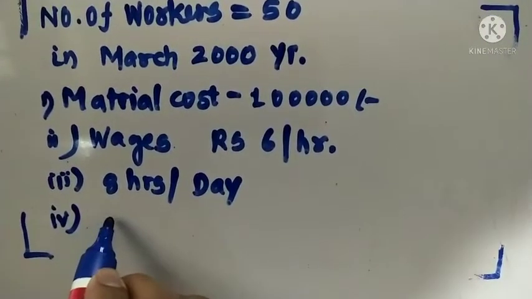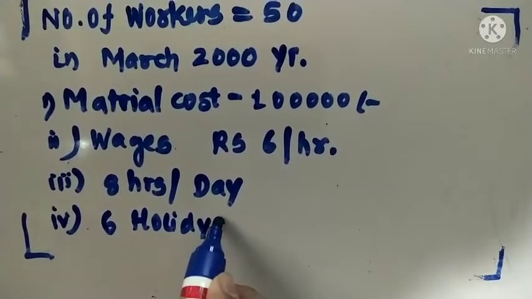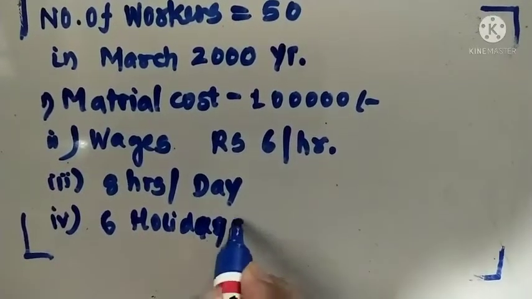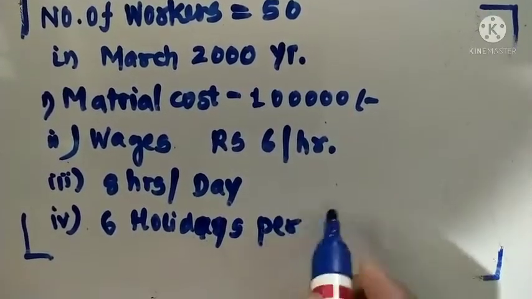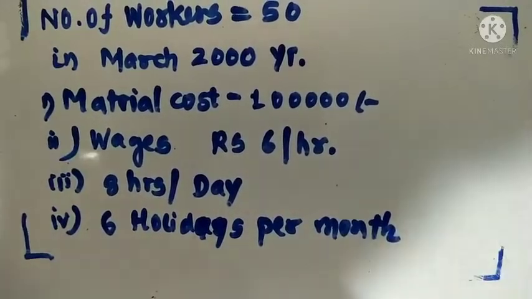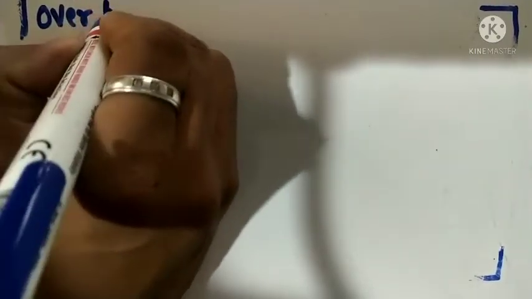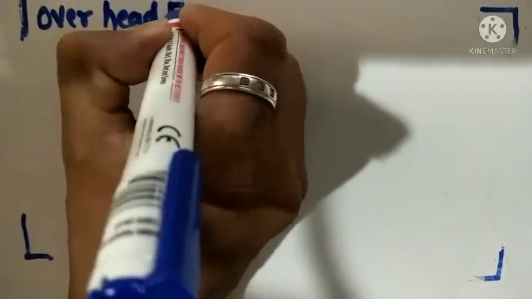And the fourth given data is in a month they are having 6 holidays, means 6 non-working days. The next given data is overhead expenses are 50,000 rupees.